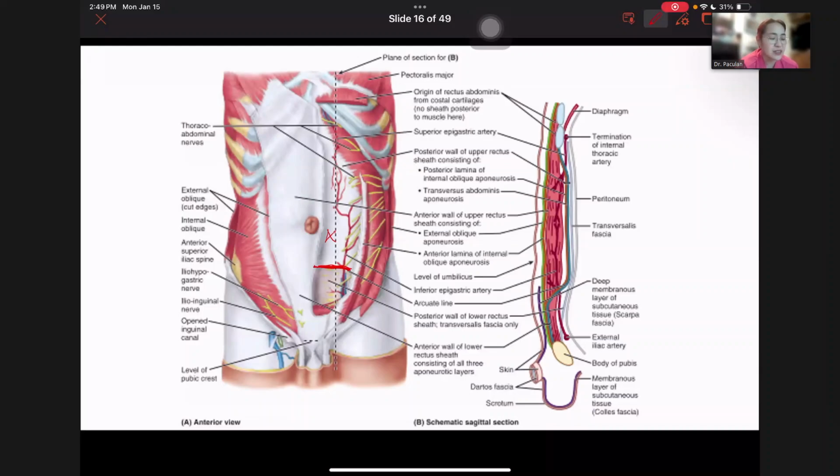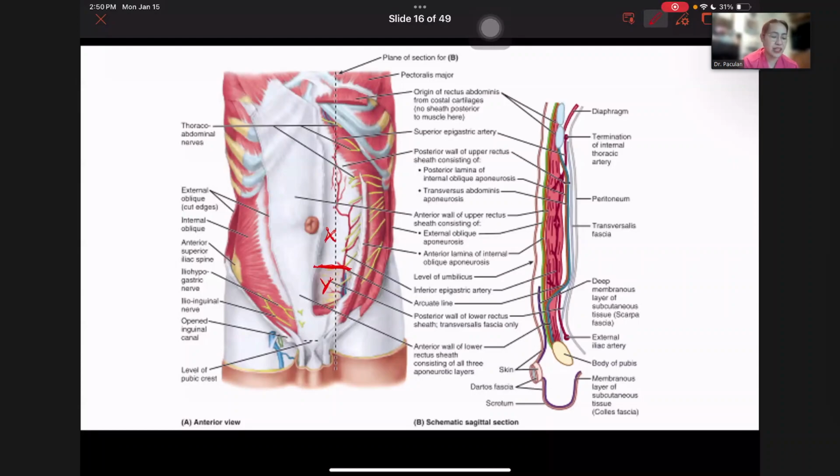So this one, upward, above your arcuate line, you have your posterior rectus sheath. That is where your rectus abdominis muscle lies. But here below, that would be your transversalis fascia instead, where your rectus abdominis muscle lies.